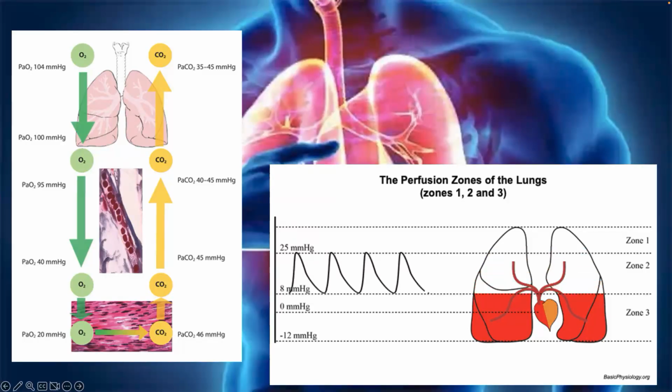So we actually don't get blood to the top part of our lungs, which means we can't diffuse oxygen across there. The oxygen partial pressure is high at the top but lower at the bottom, yet the majority of our blood is in the bottom of our lungs.